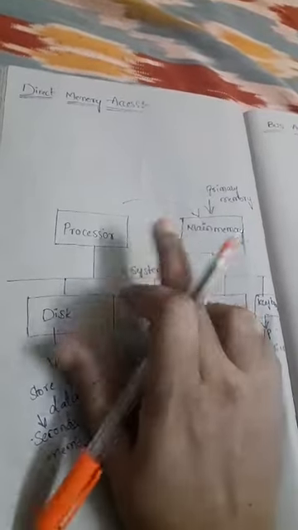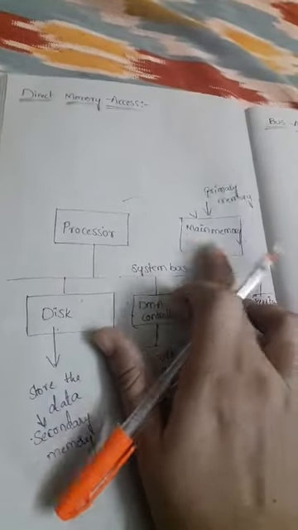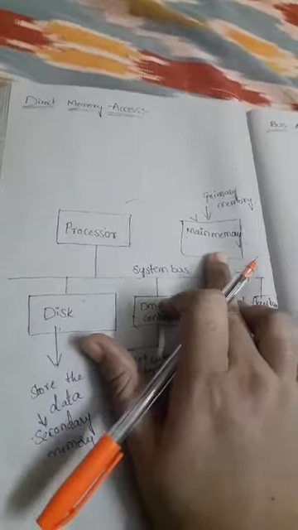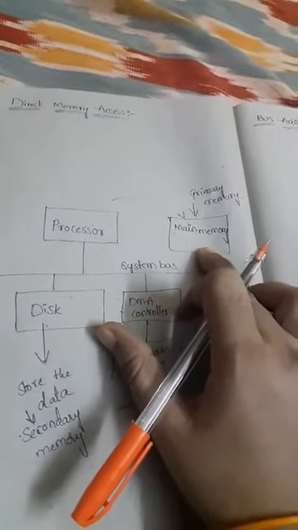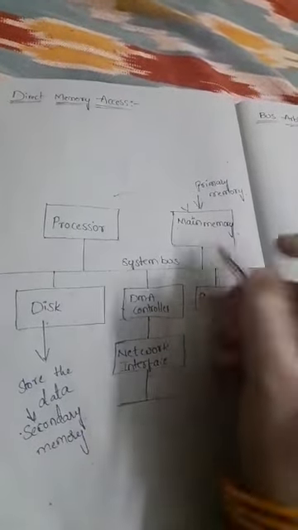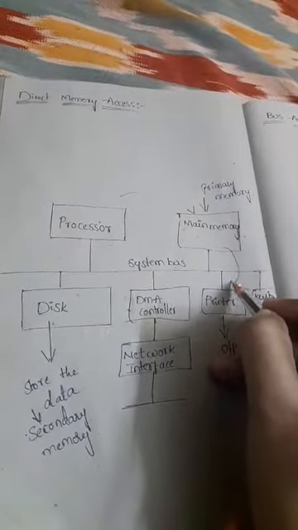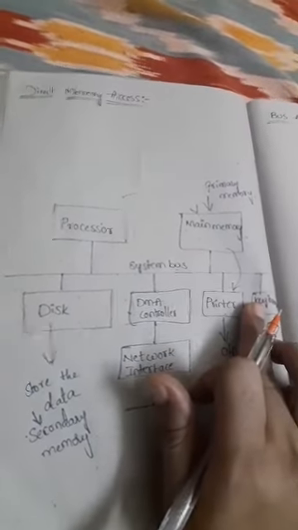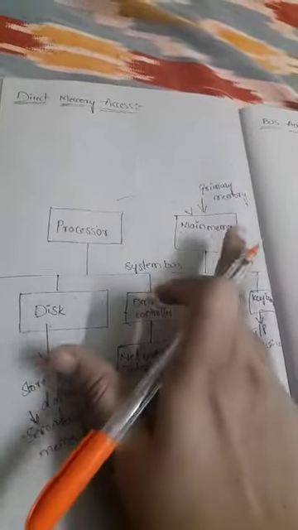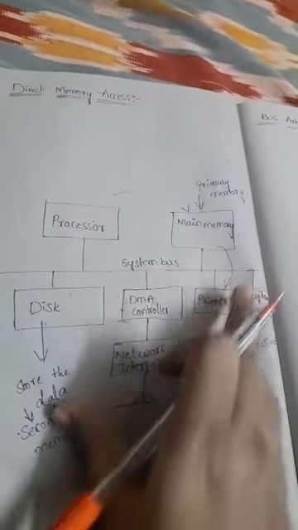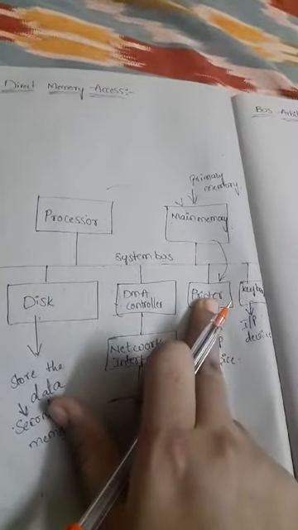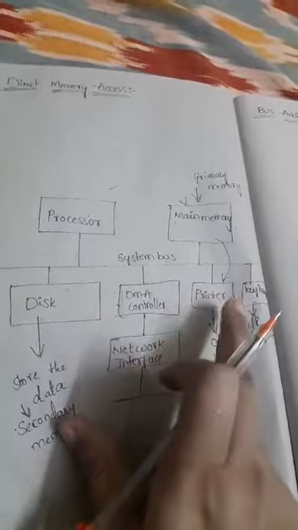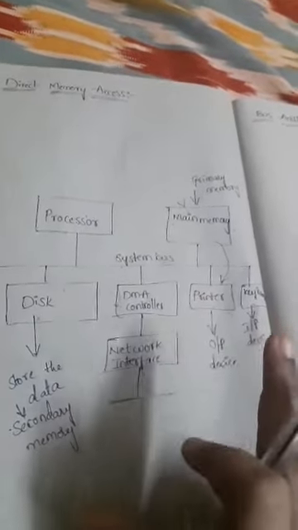So it will pass to the RAM, the main memory. From that main memory it will pass to the respective output device. After the main memory receives that information, it is passed to the output device. In our case the output device is our monitor.